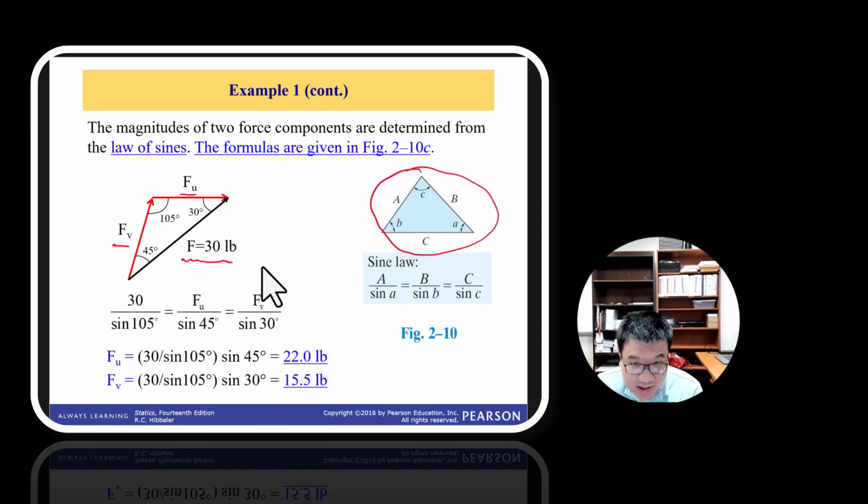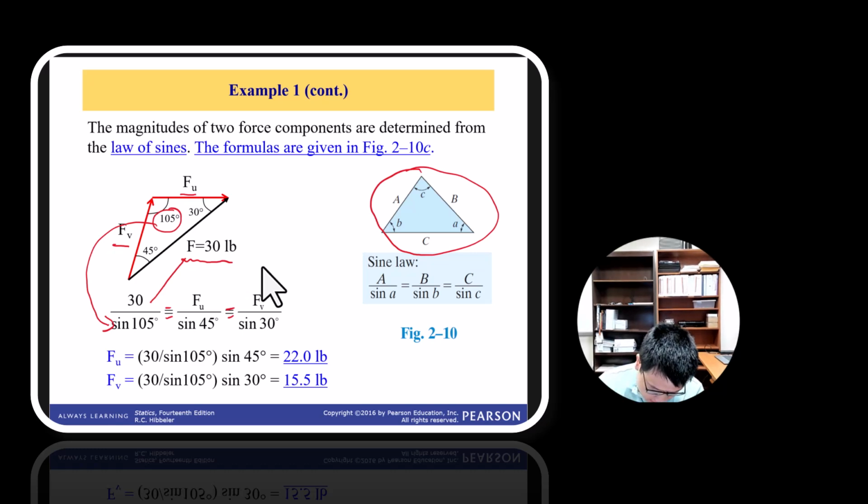Based on the sine law, we write 30, which is F's magnitude, over sine 105, which is equal to Fu over sine 45 degrees, and also equal to Fv over sine 30.